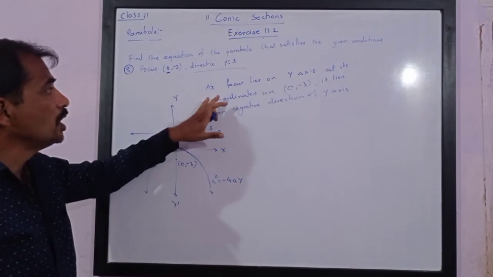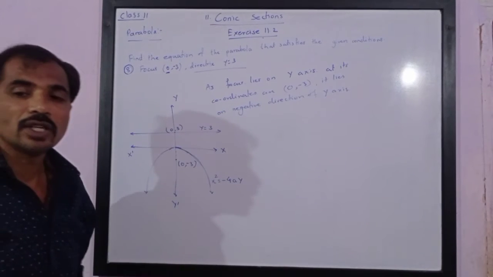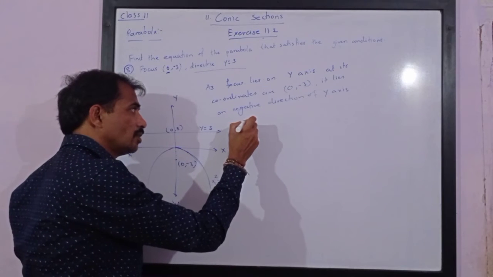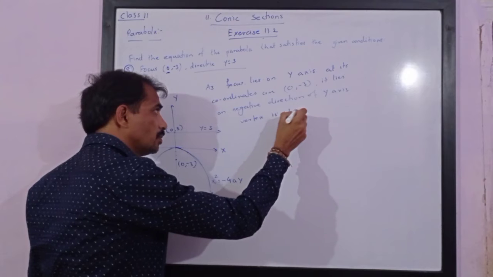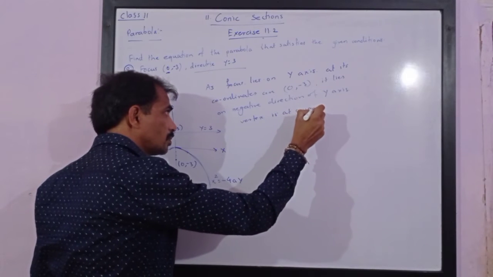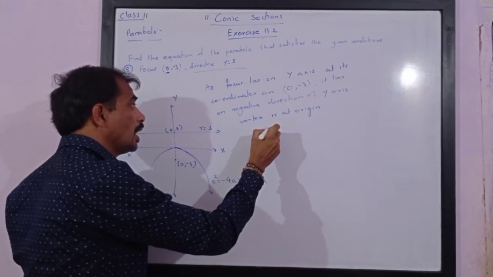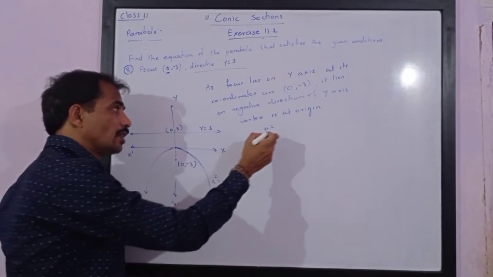So please note, focus lies on the y-axis and it lies on the negative direction of the y-axis. Here the vertex is at the origin. Please note, a is equal to negative 3. So a is equal to 3.